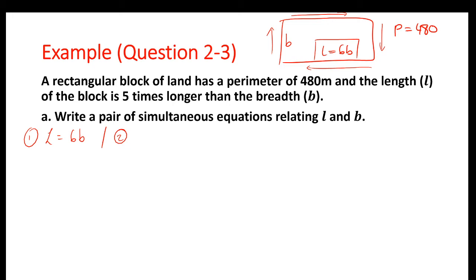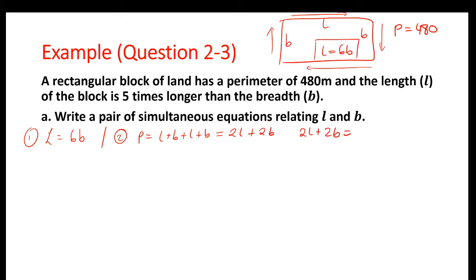Well, if I was to actually calculate the perimeter of this, the perimeter is just the sum of the outside. So it's the length plus the breadth plus the length plus the breadth. So we can rewrite this as, we've got 2 L's, which is 2L plus 2B.